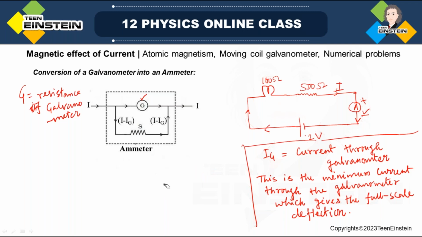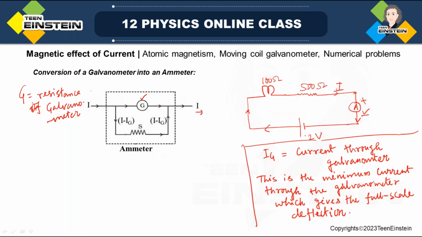So we have understood a few things like galvanometer resistance and galvanometer current. Now see what you see in this figure. This is actually the black box. We cannot see what is happening inside the black box. What we see is this current. This current enters into the ammeter and also comes out through the ammeter.